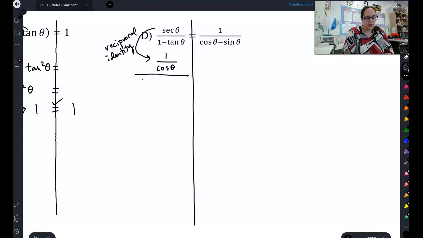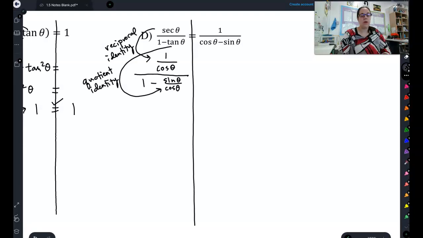Over, now I have 1 minus the tangent of theta. I can change to sine of theta over cosine theta. And the thing that lets me change tangent into that is my quotient identities. So I've noted what identities let me change it into this.